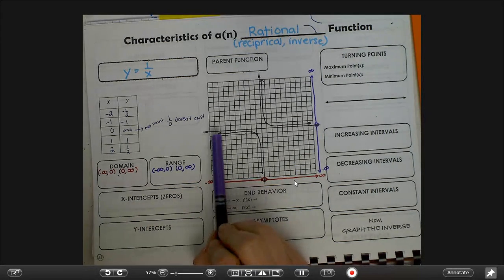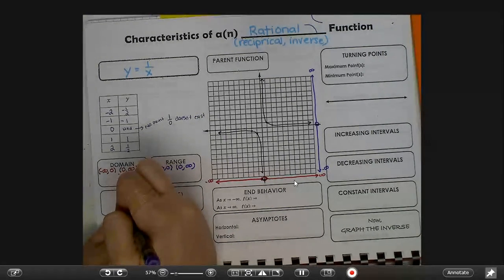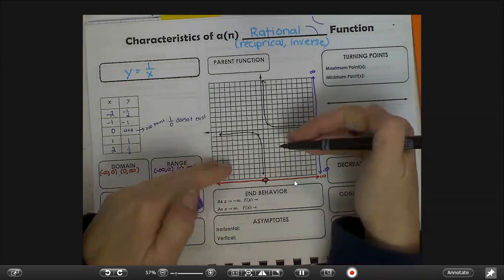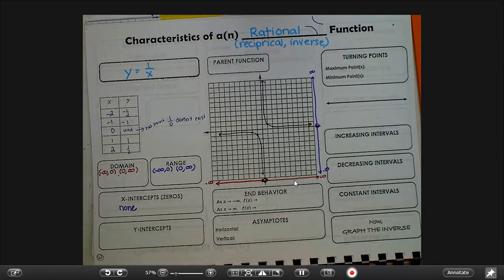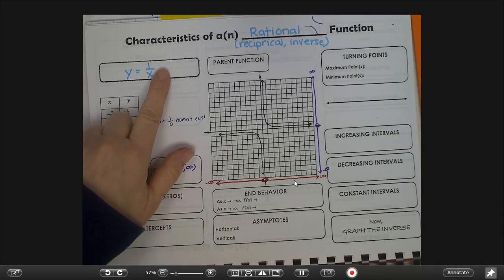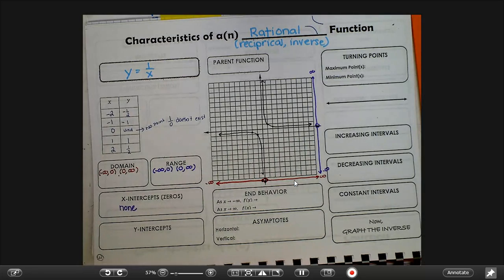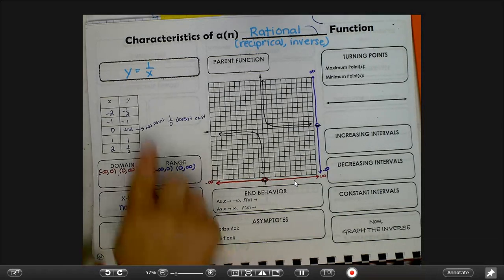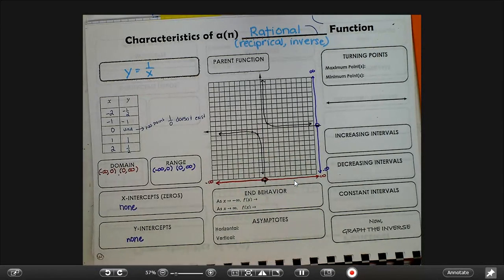The x-intercepts, there aren't any. This doesn't cross the x-axis in its parent function, but it will cross the x-axis when you add or subtract something from the y. So if we add -2, we're now going to have some spots where it crosses the x-axis. Again, same for the y-intercept, none in the parent function, but if we add or subtract something from the x, then it is going to cross the y-axis.